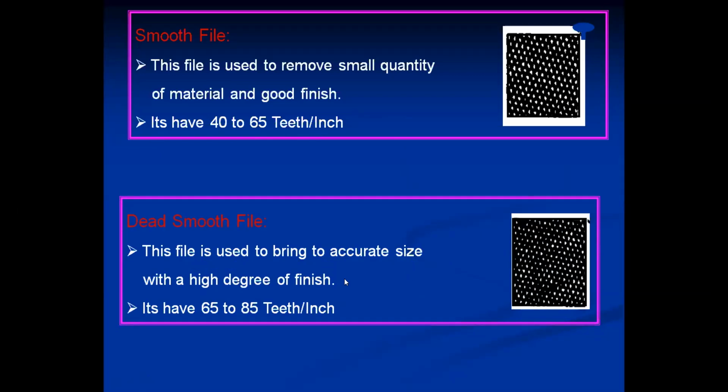That's why we use the dead smooth file, and it has 65 to 85 teeth per inch. See here the difference of these two files. This is 40 to 65 teeth per inch; in the dead smooth file, 65 to 85 teeth per inch.